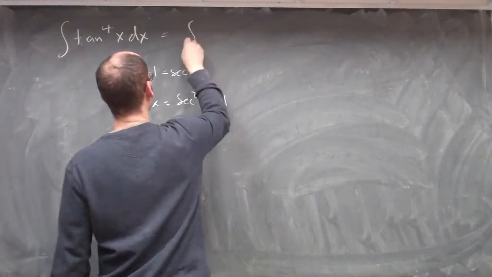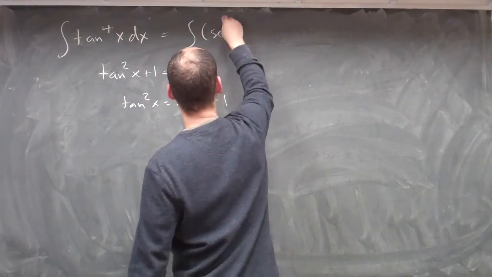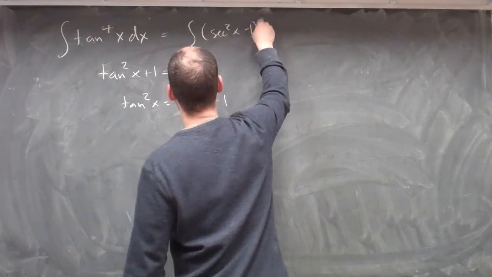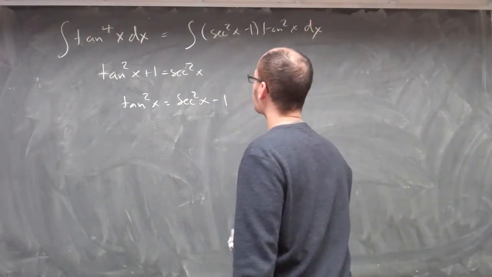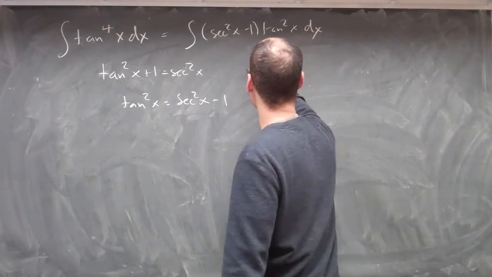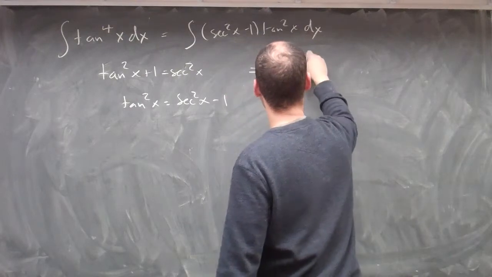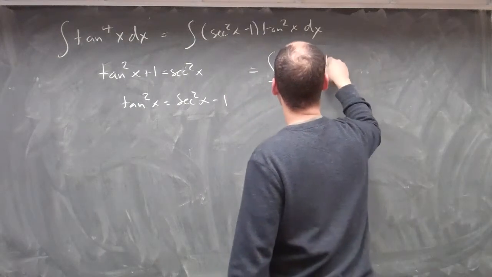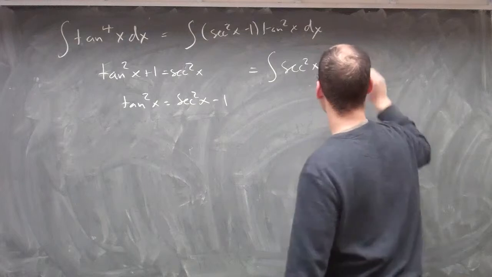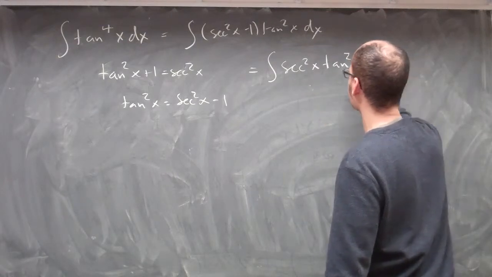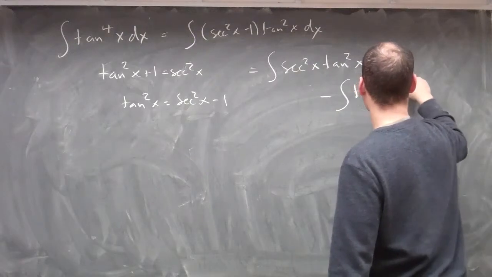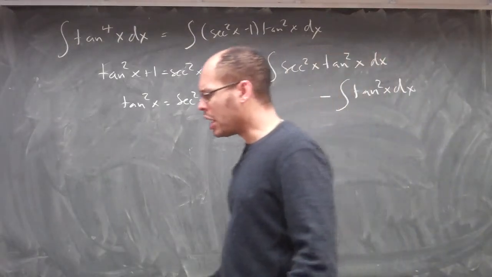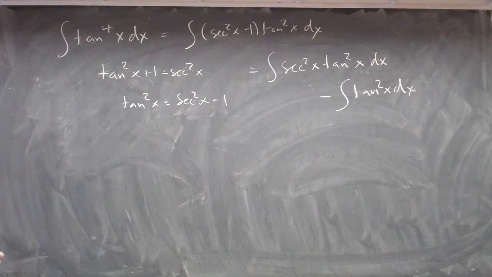So I'm going to write this as the integral of secant squared x minus 1 times tangent squared x dx. Okay, and I'm going to break this into two separate integrals. I get the integral of the secant squared x tangent squared x dx, minus the integral of the tangent squared x dx.